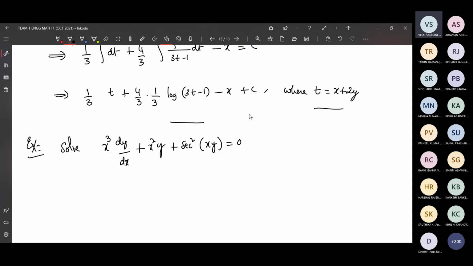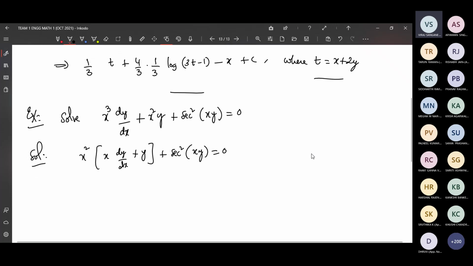Therefore, you can use it as a new parameter, so that you can use the derivative to split the product into a sum. For that, take x square common: x square into x dy by dx plus y, and x square is outside, therefore y plus secant square xy is 0. Till this is fine.